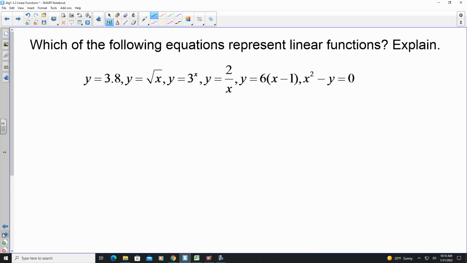All right, and here it says, which of the following equations represents a linear function? And they want us to explain.